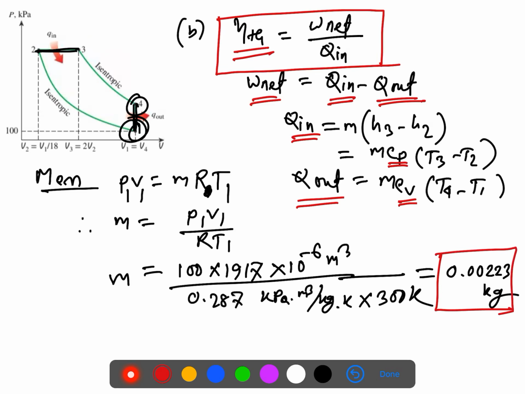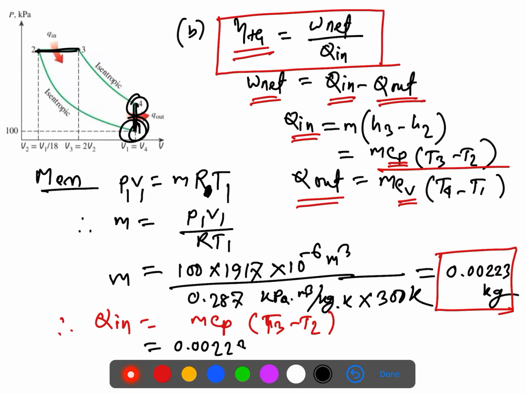So once we have this mass, we know the value of the Cp, the specific heat, and we know all the other temperatures. So the heat in from this formula will be mCp(T3 minus T2). M is 0.000223.